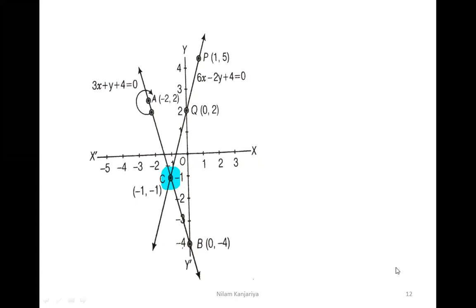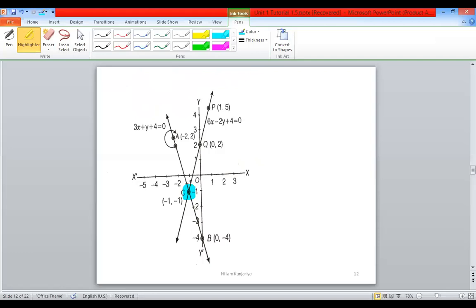And any other? Any other got the answer? Ma'am, the intersecting point is different. I take a different value. If you take any value, you got the same intersecting point. Yes. Student, okay, I will help you. Don't worry.